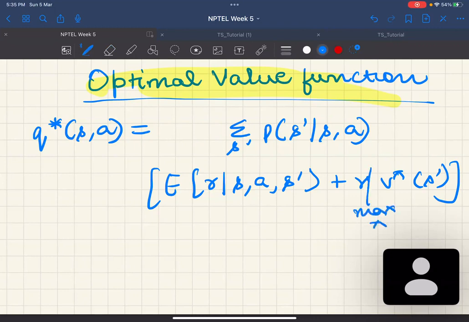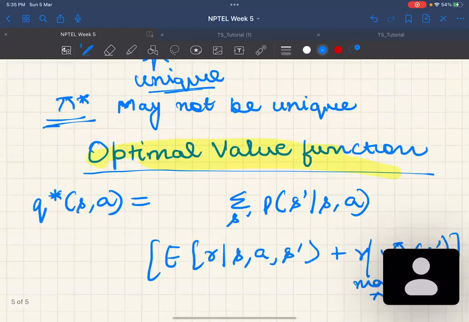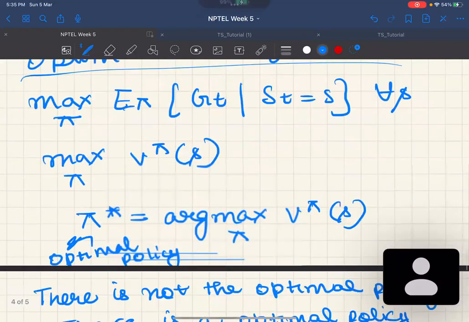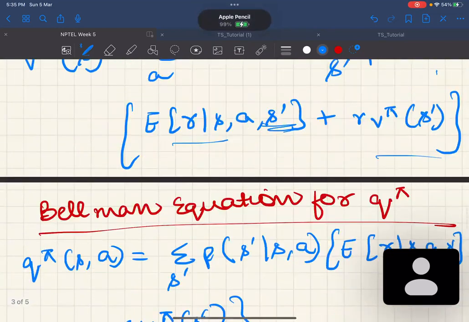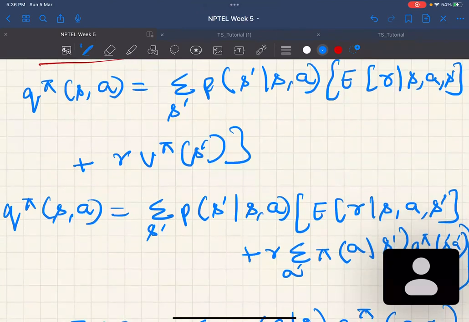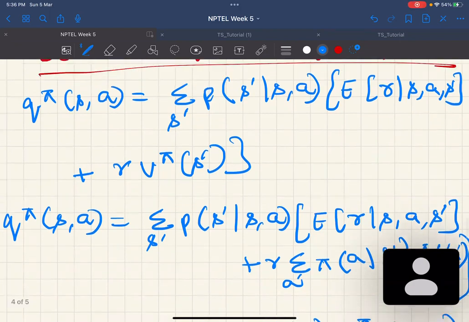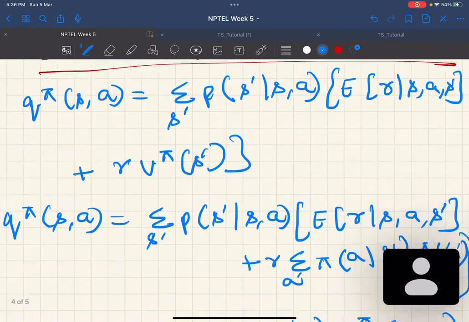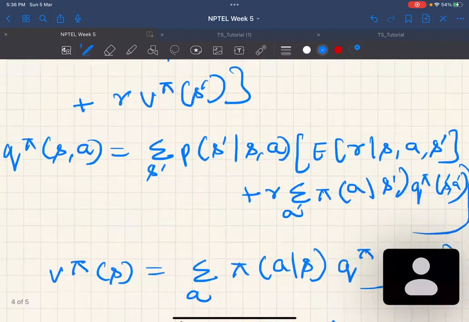I've explained to you earlier about Q of S of A. You got this Q pi of S of A first of all. If I'm in a particular state and action, what is the probability I'll go to S dash? We have the action as well as the state when we are talking about Q. When we are talking about V, we only have the state here. And then we are seeing in the whole trajectory what will be the optimal actions here. Here, the first action we know, then what is the expected reward, and then the future rewards.